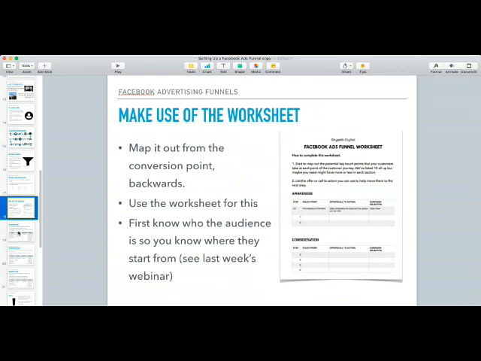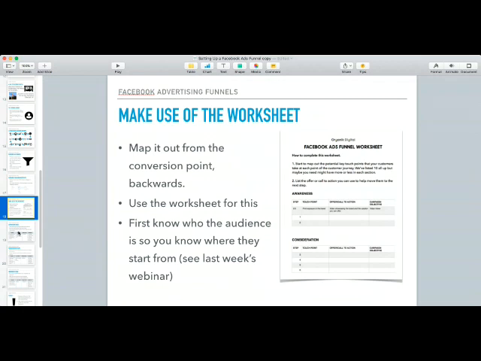So the first point with the worksheet itself: you obviously need to know who you want to target and where they start from. Last week's webinar, which, if you haven't gone back and watched, has replays on, I'll put the link in the comments in a second, but it's at organicdigital.com.au/webinar, where you signed up for this one actually.